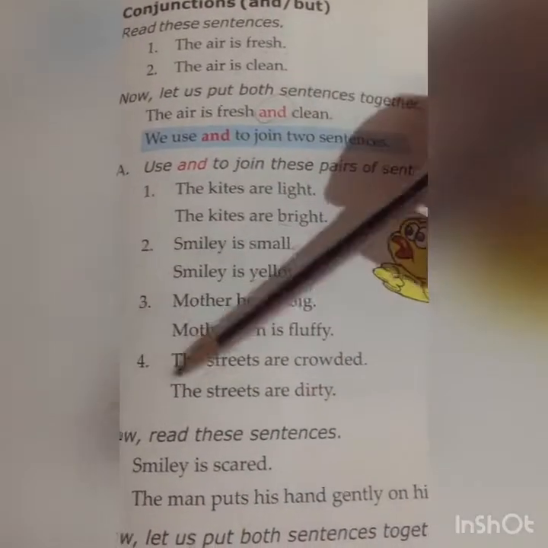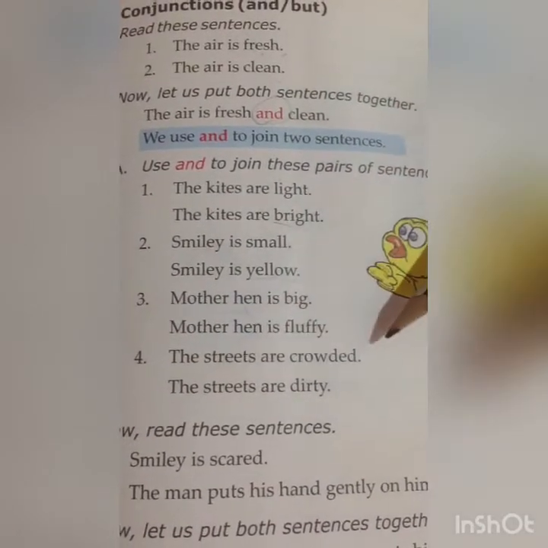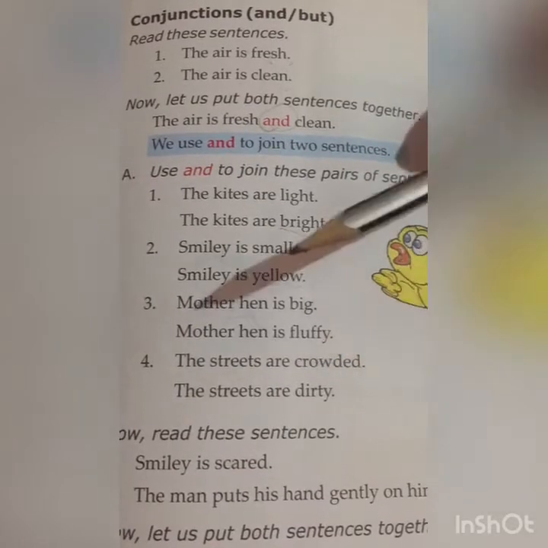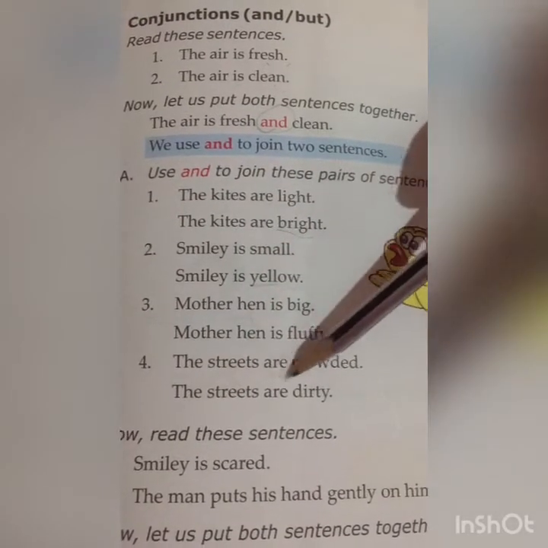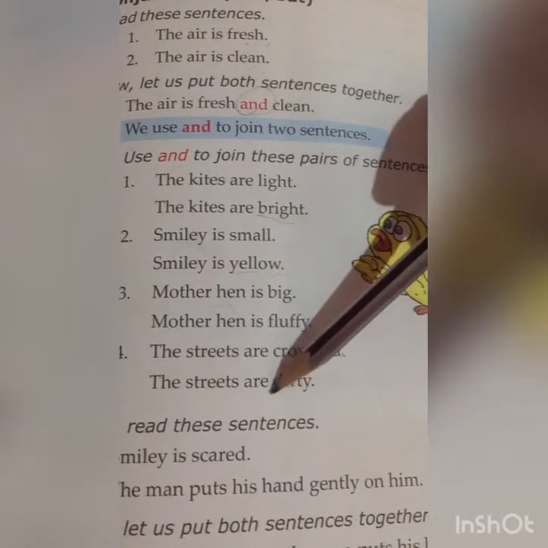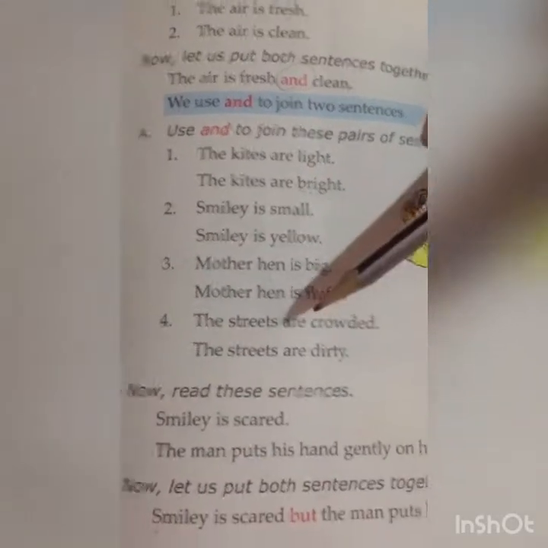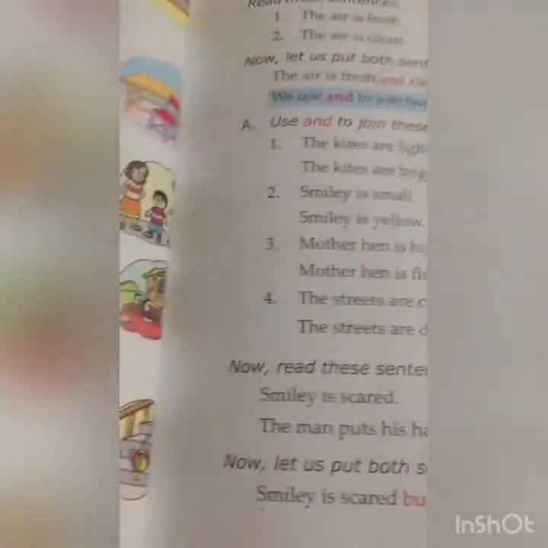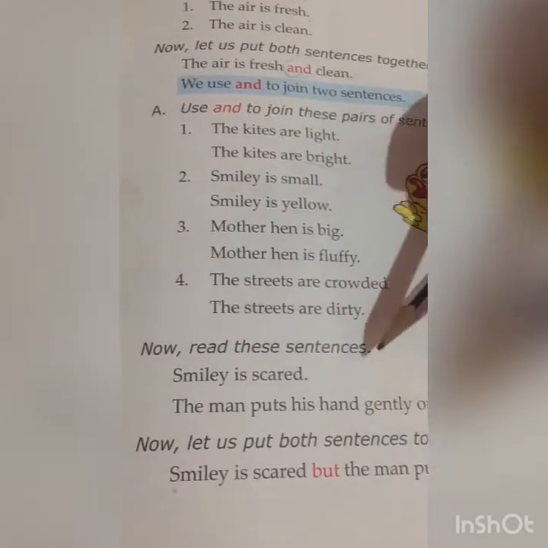Next one, the streets are crowded. The streets are dirty. How do we write it together? The streets are crowded and dirty. Okay, have you understood?